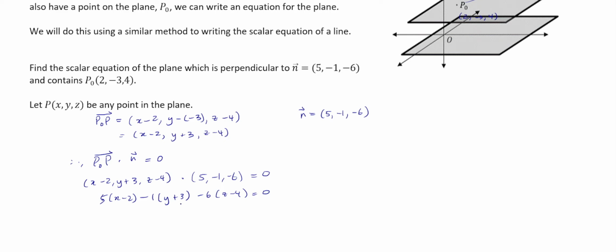Simplifying this entire thing, so distributing and simplifying, what I get is 5x minus y minus 6z plus 11, so expand, collect like terms, simplify, equals 0. And you'll note that that looks a lot similar to this right here: ax plus by plus cz plus d equals 0, and that is your scalar equation of the plane.